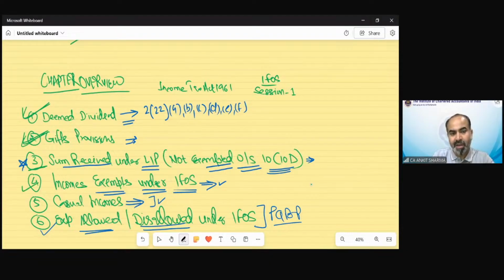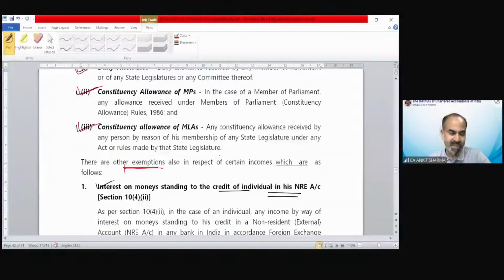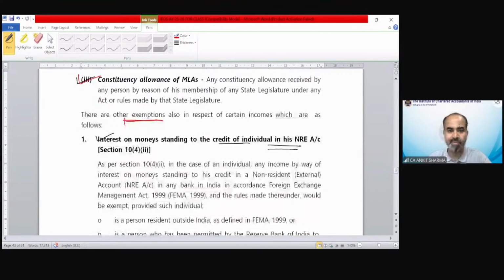There are some incomes that are exempted under income from other source. We are discussing these incomes. Casual income we have already discussed. So, income exempted under income from other source. We have just seen some allowances like daily allowances and constituency allowances of MPs and MLAs are exempted. There are certain more incomes.